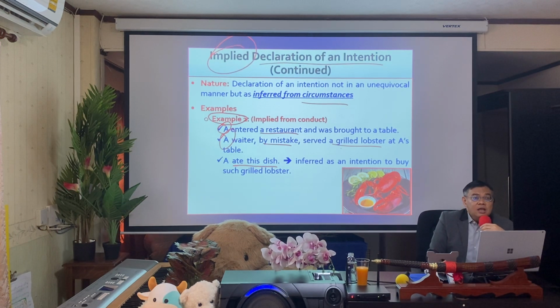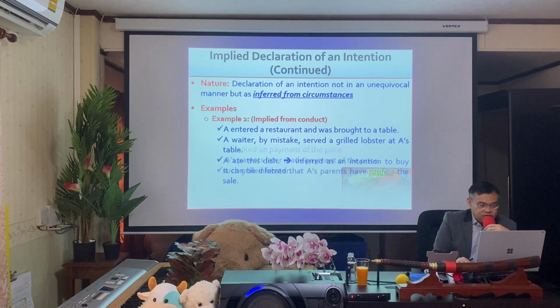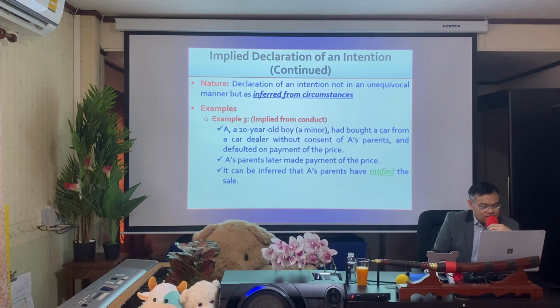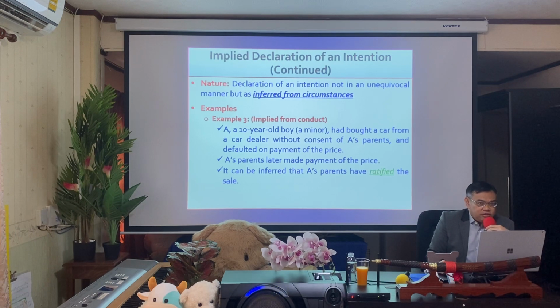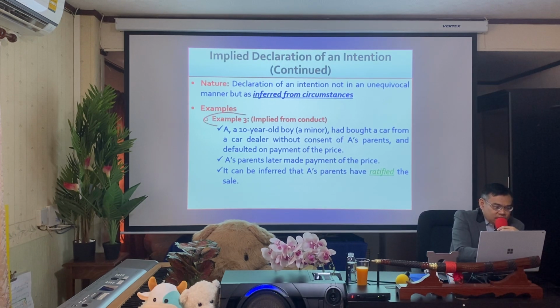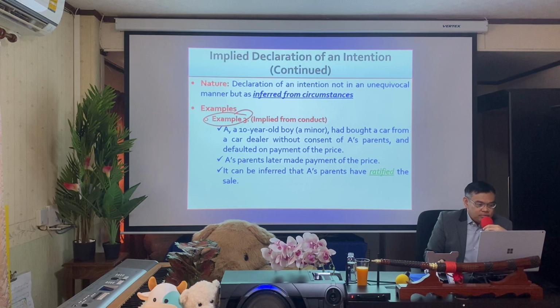It is an implied declaration of an intention. I think that these answers seem to be clear to you. Again, when we talk about the implied declaration of intention, we can give you one more example, example number 3.